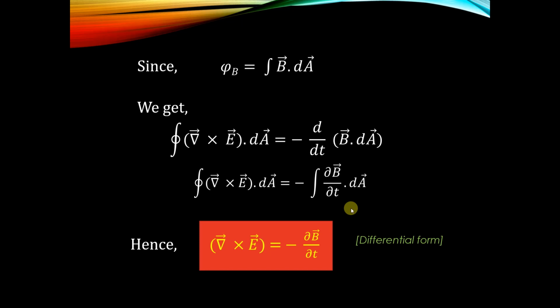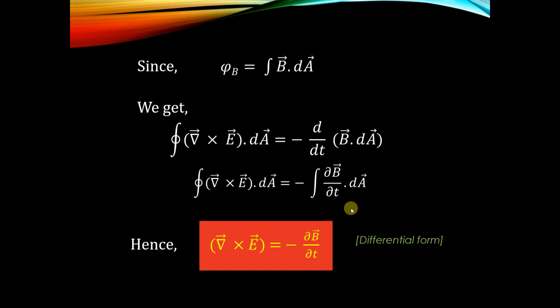Then we made use of the concept of the magnetic flux, and we talked about the Biot-Savart law, and then we got the Faraday's law. We made use of the concept of Faraday's law of electromagnetic induction, where an induced EMF is produced when there is a change in the magnetic flux.